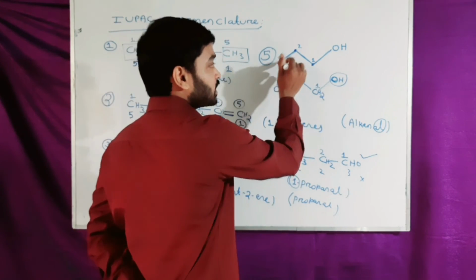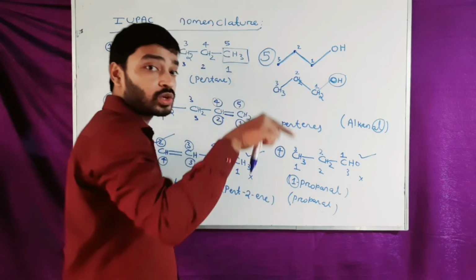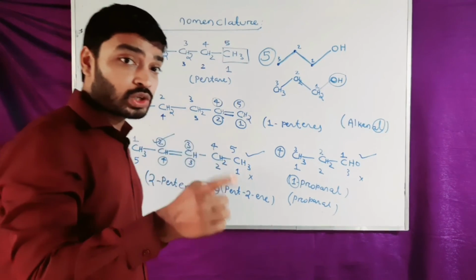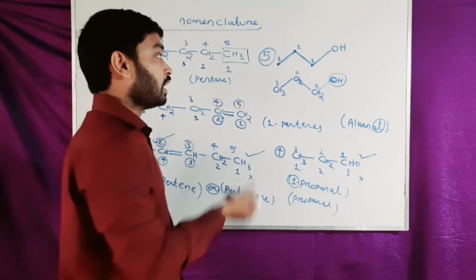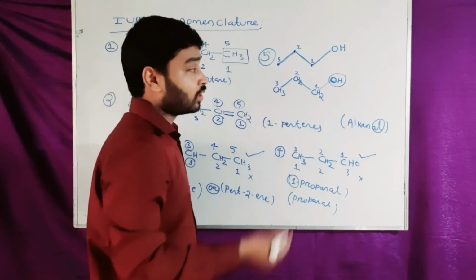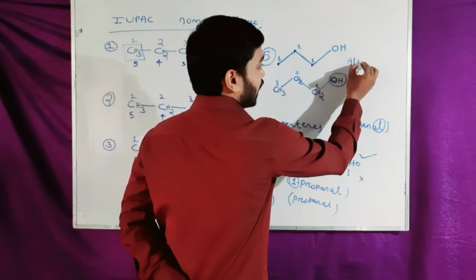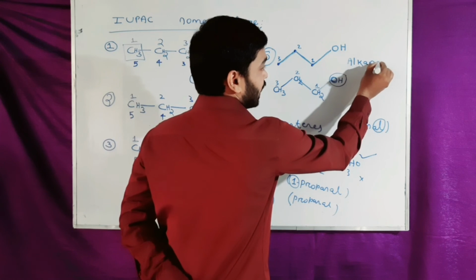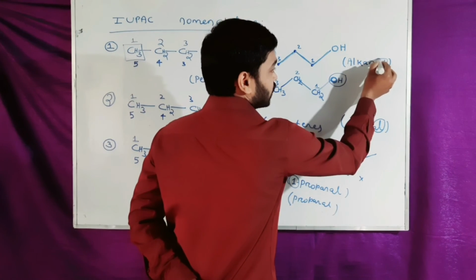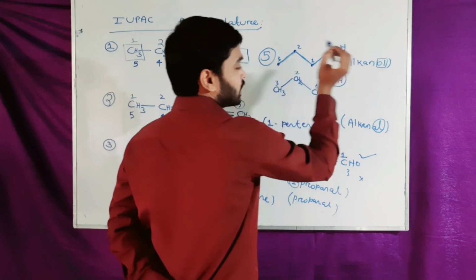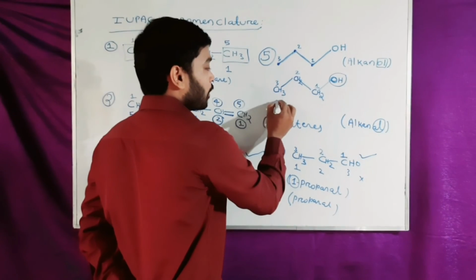If you number from the other side, then the locant for the functional group will be higher, which goes against the rule. Giving priority to the functional group, we always try to select the longest continuous carbon chain, and after selecting the chain, we know that alcohol has the IUPAC name alkanol, produced by replacing the e by the suffix of alcohol, that is ol.